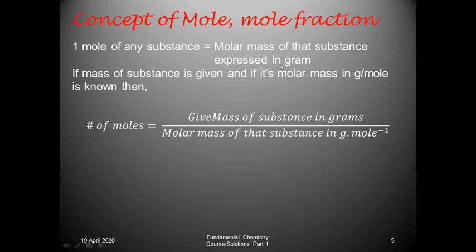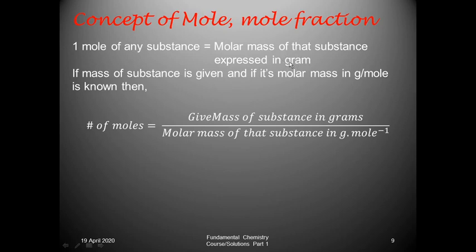So the molar mass of oxygen is 32 gram. When you take 32 gram of oxygen, not 32 kilogram or milligram, then you can say that you have taken 1 mole of oxygen gas. So keep in mind that 1 mole of a substance is always the molar mass of that substance expressed in gram.